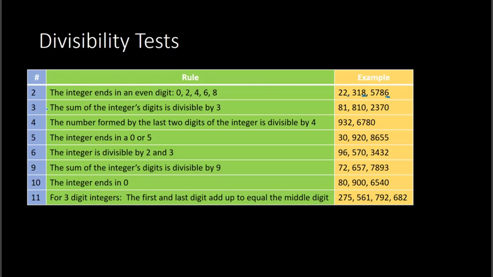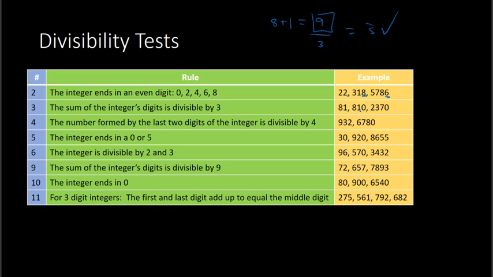Looking at 3, if you're trying to determine, can I divide a number by 3, what you can do is you can add the digits together. So for example, 81, you add the 8 plus 1, which is 9. If this number 9 you can divide by 3 and it works out evenly, then we know, yes, the entire number 81 can be divided by 3 as well.